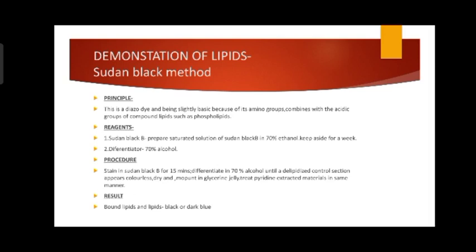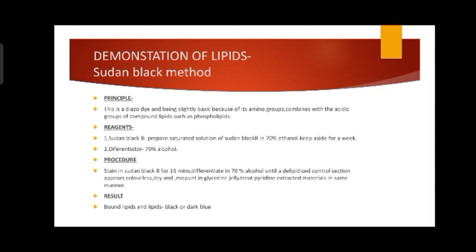They are slightly basic because of the amino group, and it combines with the acidic group of compound lipids such as phospholipids. So the coloration of lipids by any oil soluble dye depends upon the reagent dissolving in the lipids. This is about the principle, and the reagents used for this method are Sudan black B and alcohol.